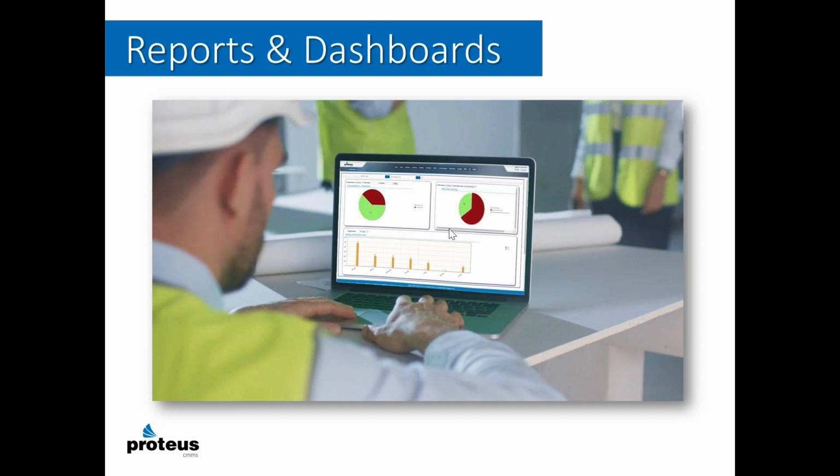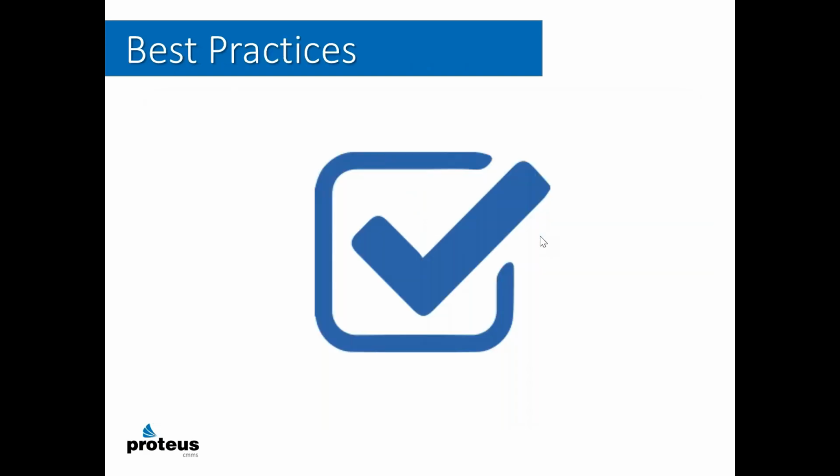And do I have the reports associated with that work attached to my work order so that I can show anybody, should there be an issue, that in fact this has been taken care of? So reports and dashboards are absolutely a critical part, and they are forms of key performance indicators.